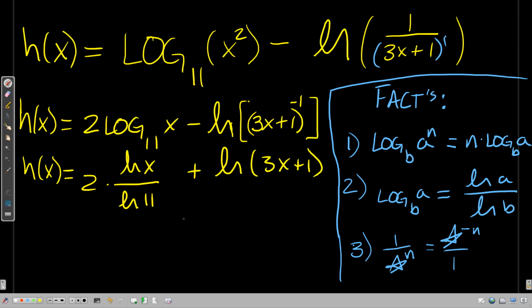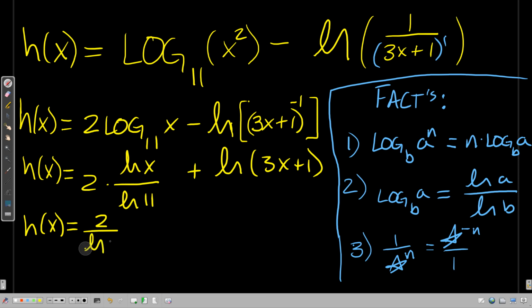Well, I would like you to view it one more distinct way. This is not your function. Your function is here. Your constant is down there. Natural log of 11 is a constant. You should be looking at this thing like it is this constant, 2 over the natural log of 11.